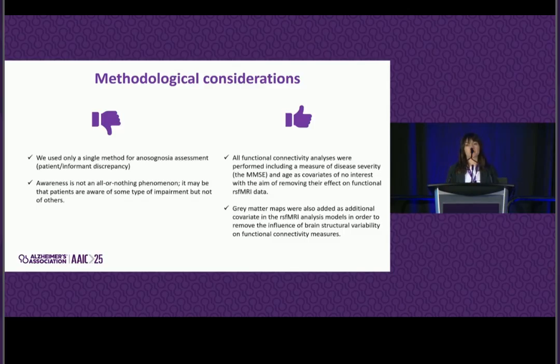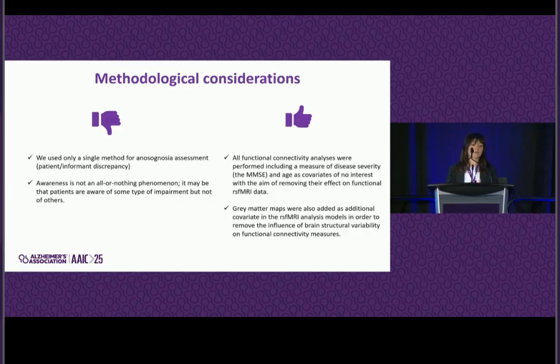So we have patients that are aware of a specific problem, but they want to drive the car. So it's very complex to disentangle all these features and to use an objective measure and to be sure to see what we want to see.